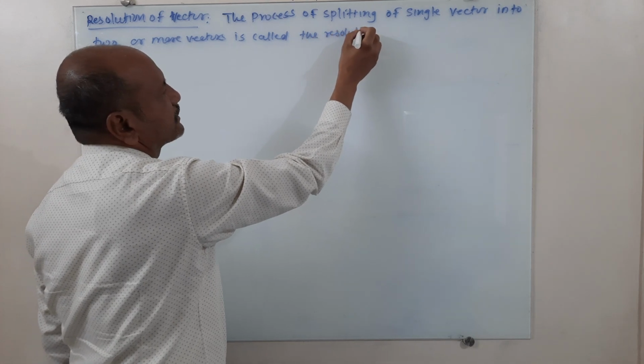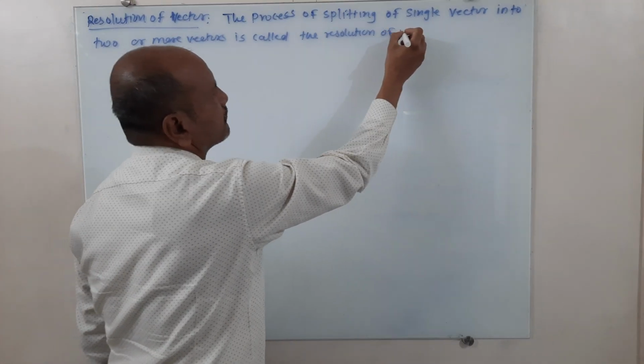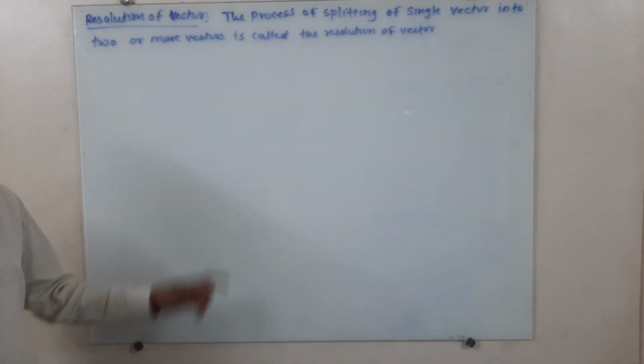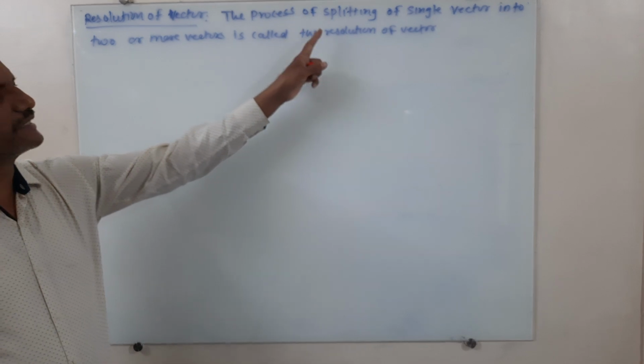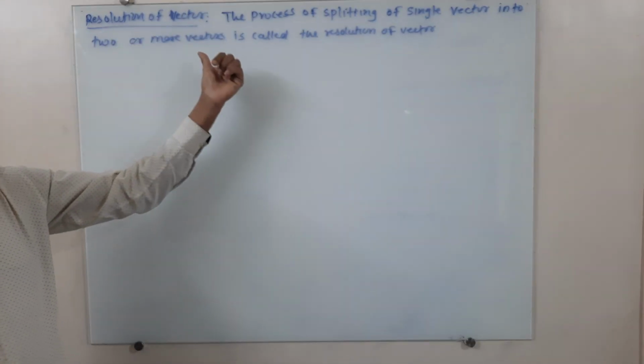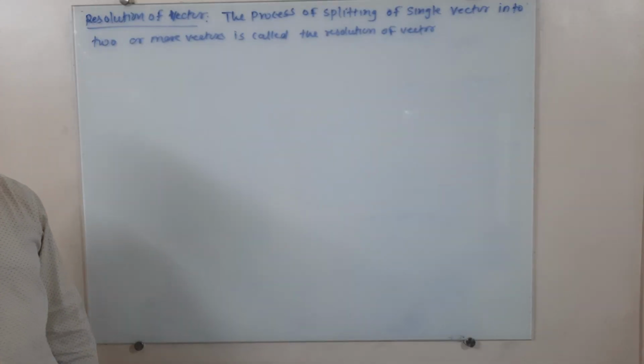Listen here carefully. The process of splitting of a single vector into two or more vectors is called as the resolution of vector.